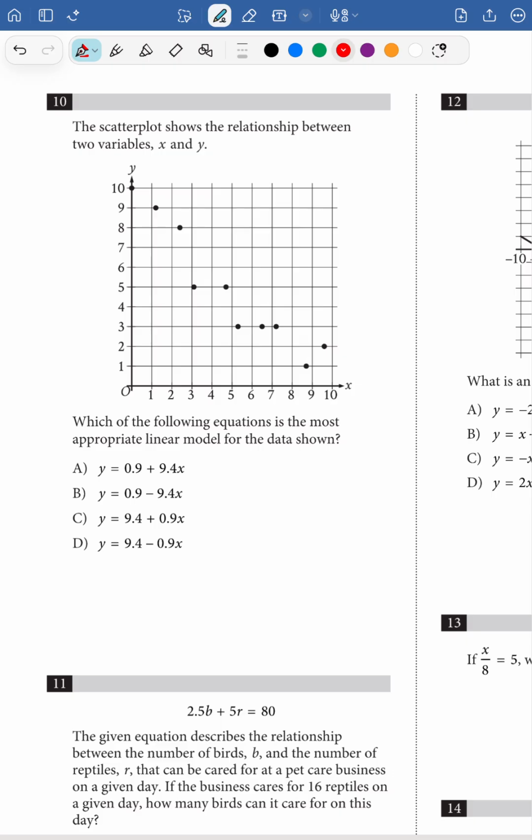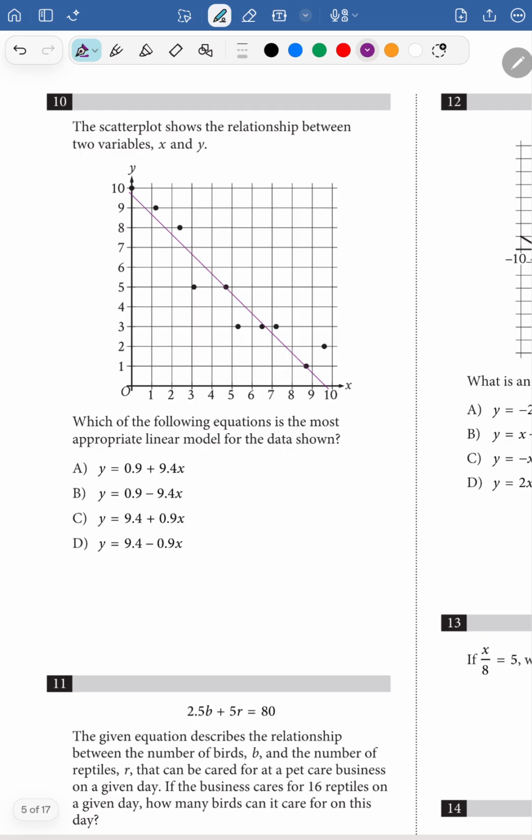So let's do that. I will make my line something like this. It's a little curved. That looks good. Okay, so that is my line.